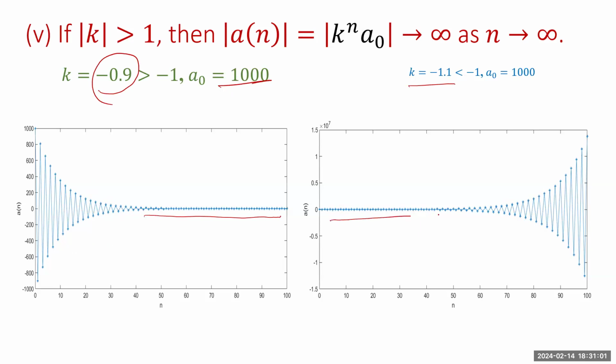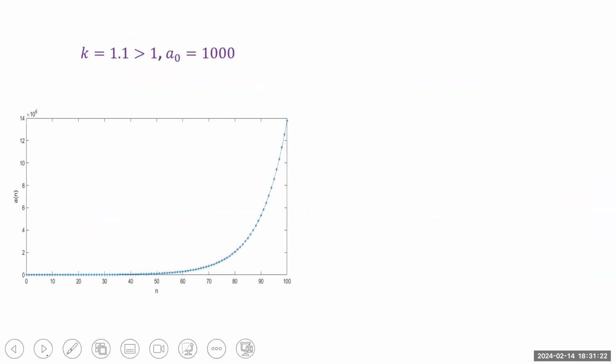And here also in the beginning it vanishes, and then the periodic status starts from after 50 onwards, where n is equal to 50 onwards. So this is one of the ways to interpret the long-term behavior of the solution. See here, this is k is equal to 1.1, that is greater than 1. So it is gradually increasing as n tends to infinity.